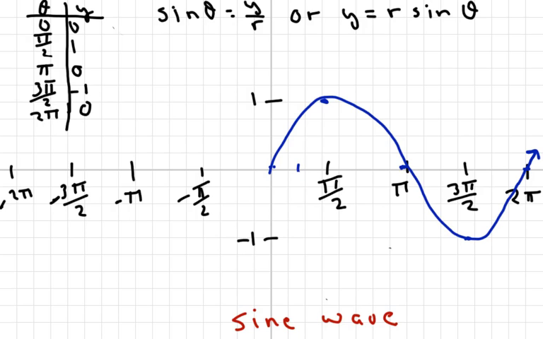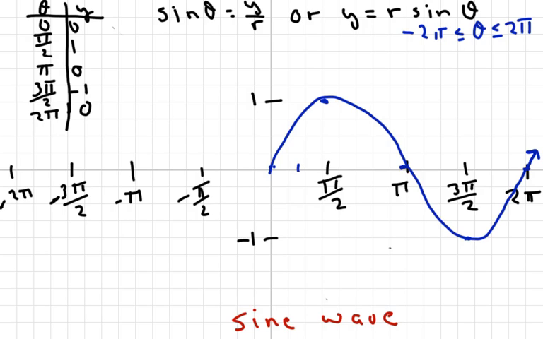But we're going between -2 pi and 2 pi. That's our domain. Now, when we're talking about -pi over 2, -pi over 2 means we are going counterclockwise.